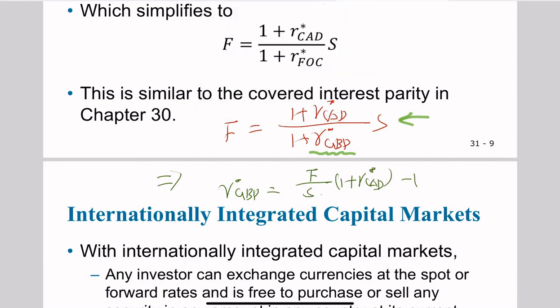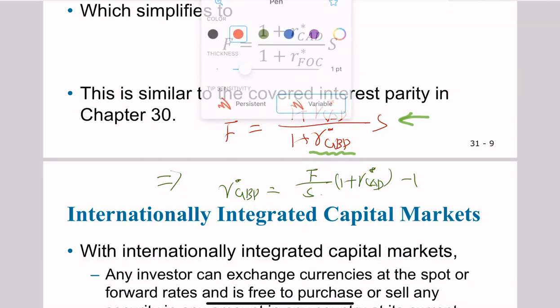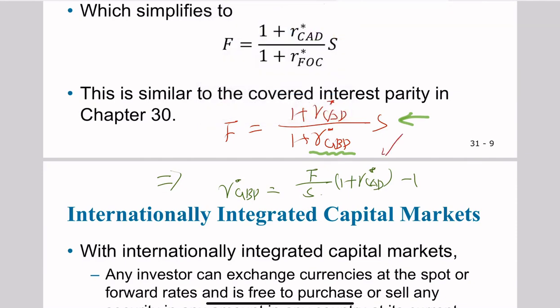And furthermore, you can see that we have this number. We have just solved WACC in Canada is 6.8%, right?